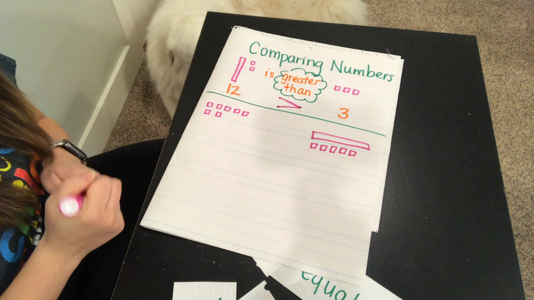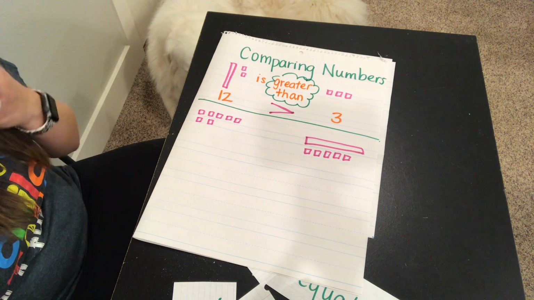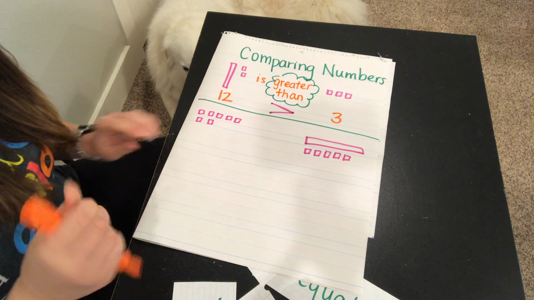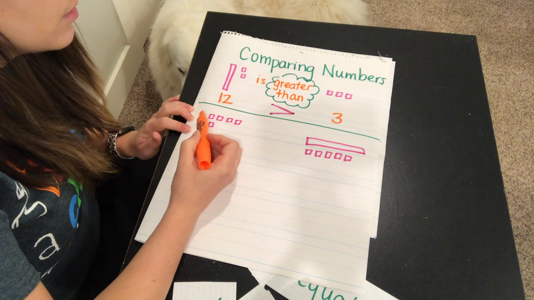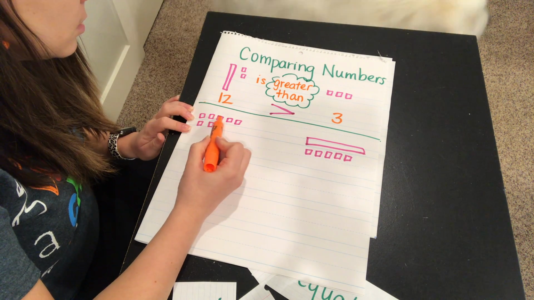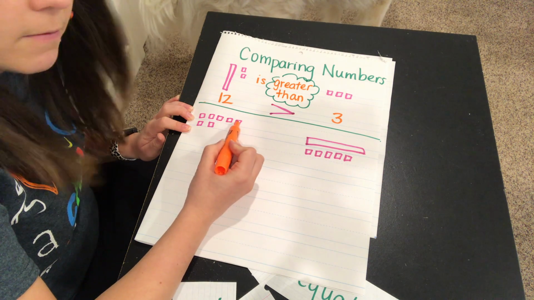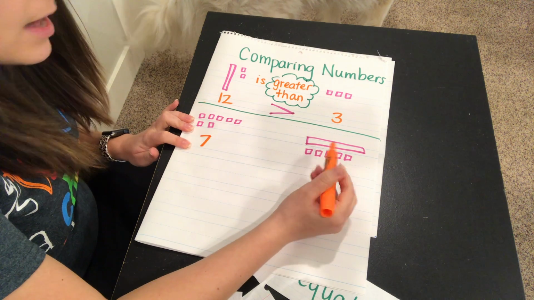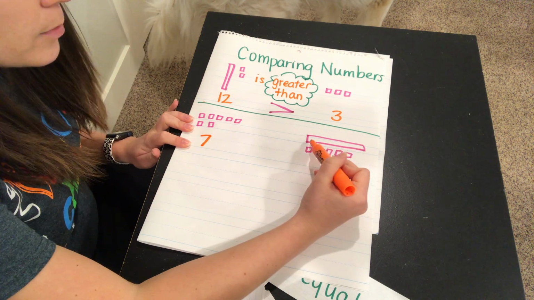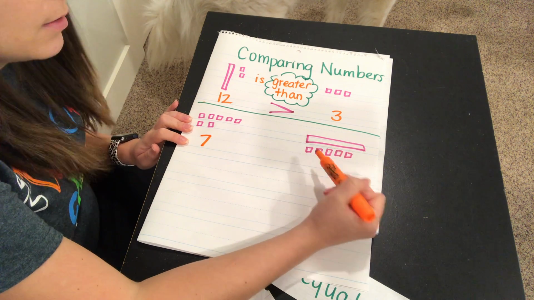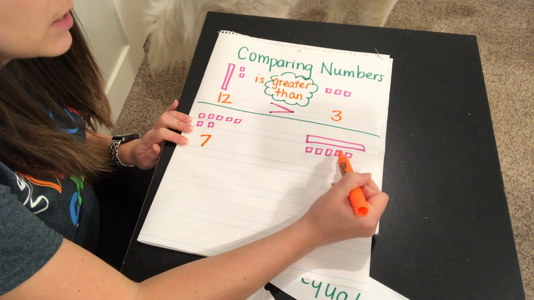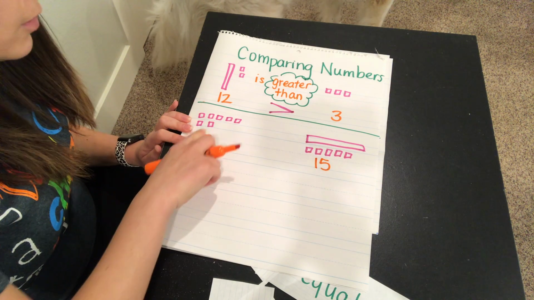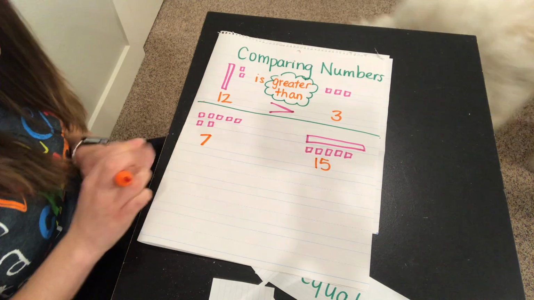Let's compare these two numbers. First of all, let's figure out what number we have on each side here. So this shows 1, 2, 3, 4, 5, 6, 7. And then on my other side, I have a whole 10. So I'm just going to start by saying 10, 11, 12, 13, 14, 15. Okay, so we are comparing the number 7 and the number 15.